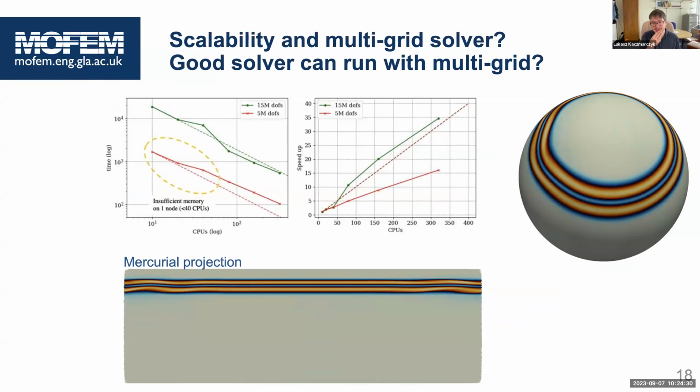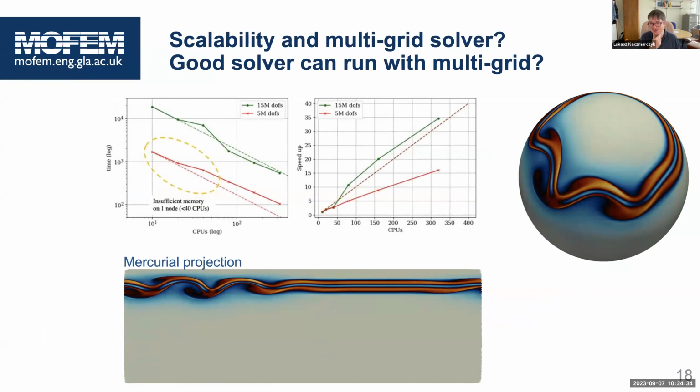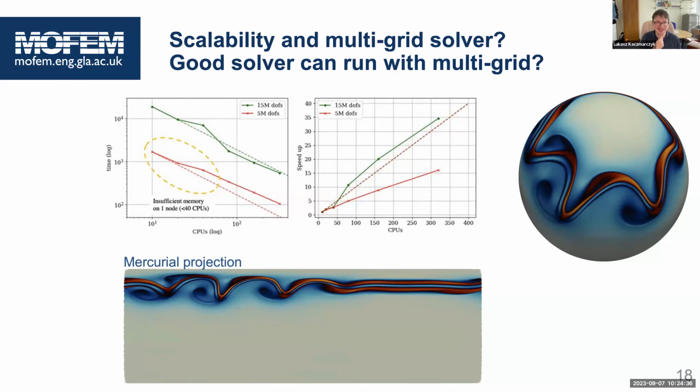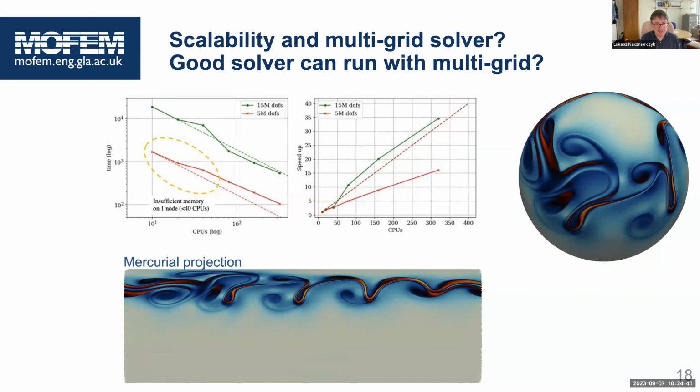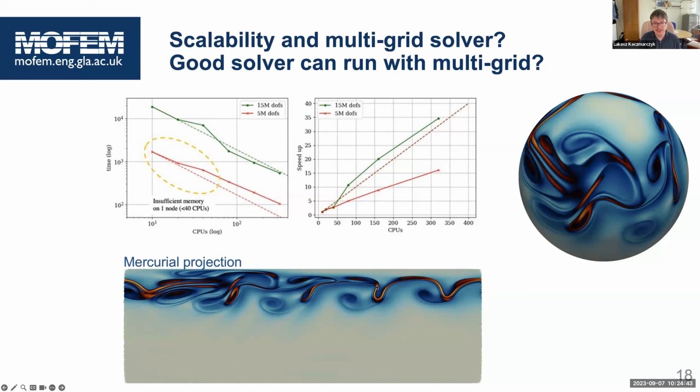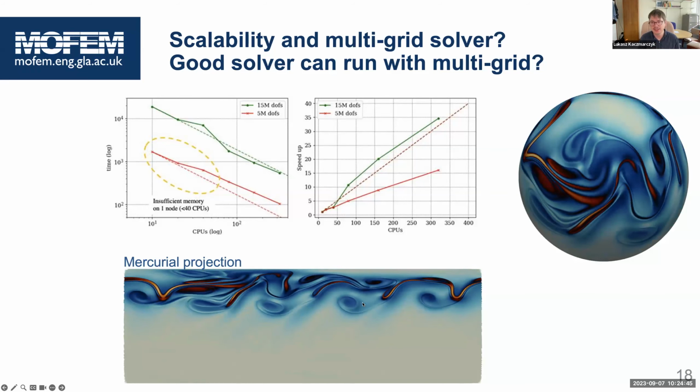But ultimately, this is another example. It's not solid mechanics, but this is what we get when we run the scalability test at some point. What you want very often is to solve bigger and bigger problems.